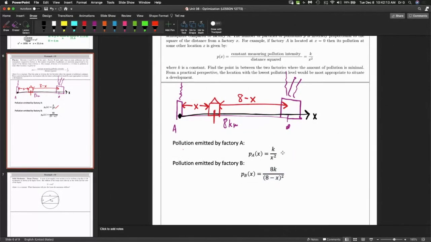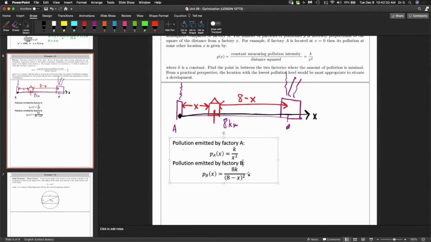So it's 8 minus x squared. And these two functions together collectively represent the concentration of pollutant that you could get as you're sitting somewhere x distance away from A.